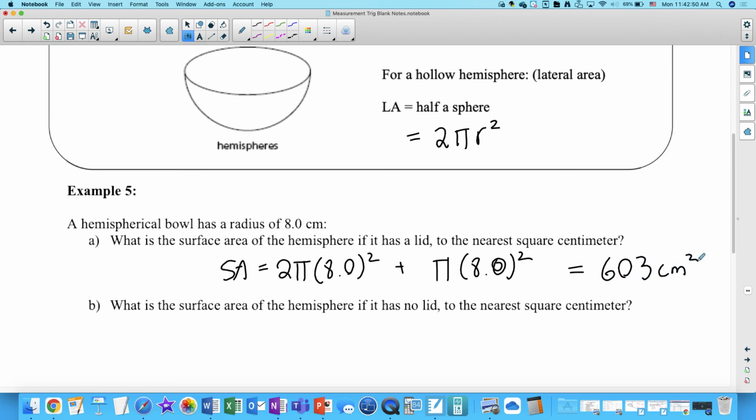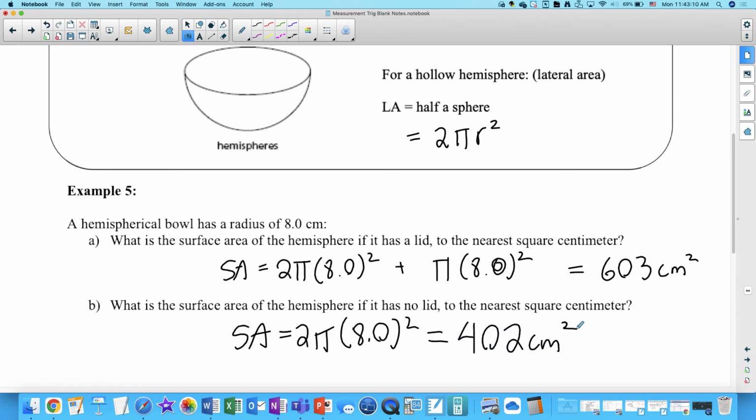And then for just the hemispherical bowl with no lid, that would be 2 pi times 8.0 squared, which is 402.